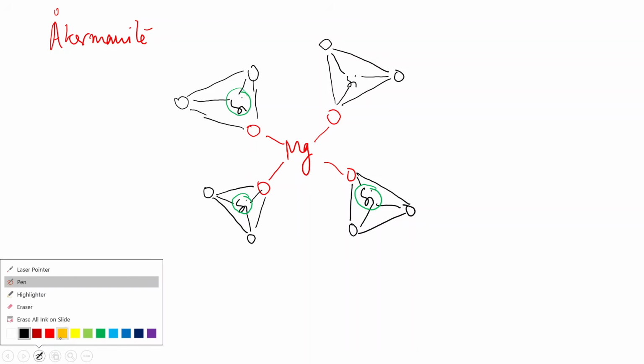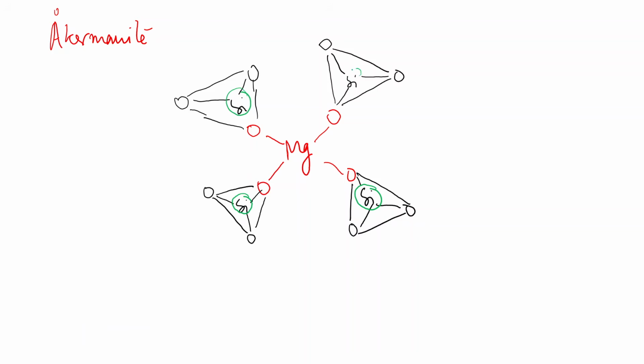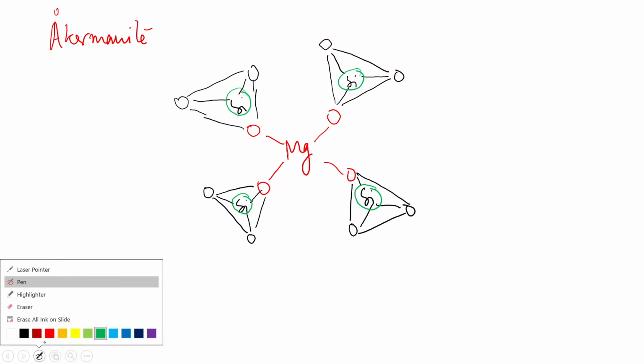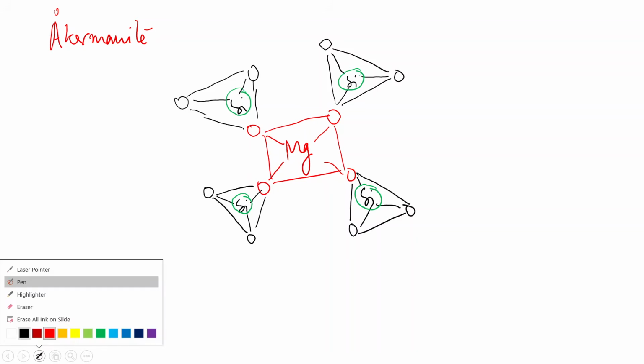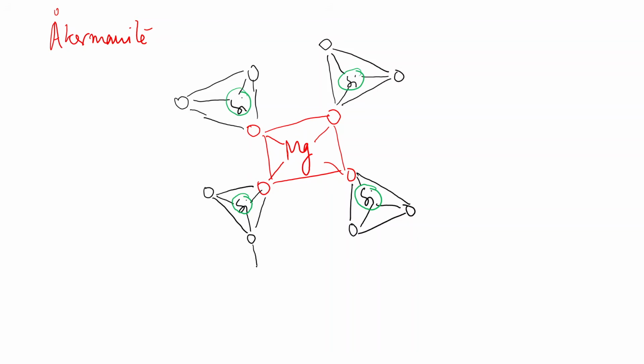Okay, so the oxygens of the MgO tetrahedra are all linked to the adjacent silica tetrahedra. Now let us link or pair the two silica tetrahedra to form the sorosilicate group, which will be here like this. This way. Then we have it here.